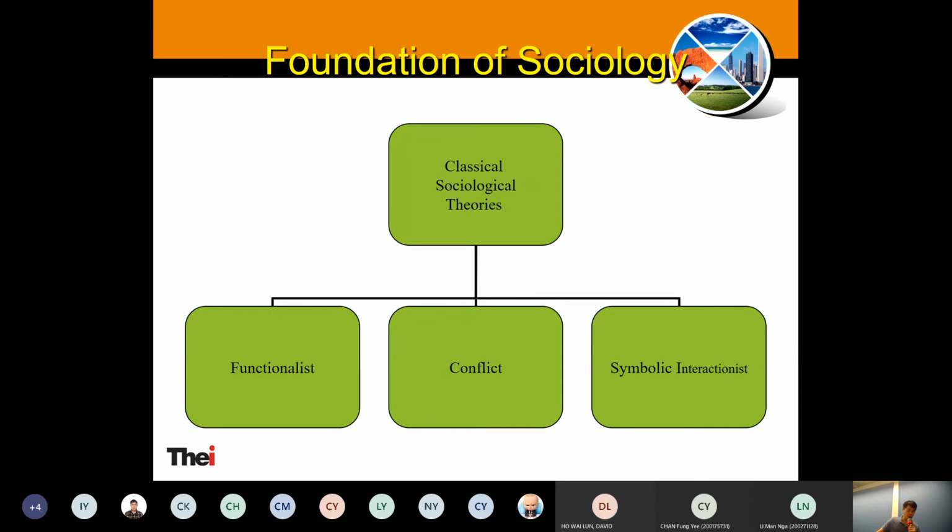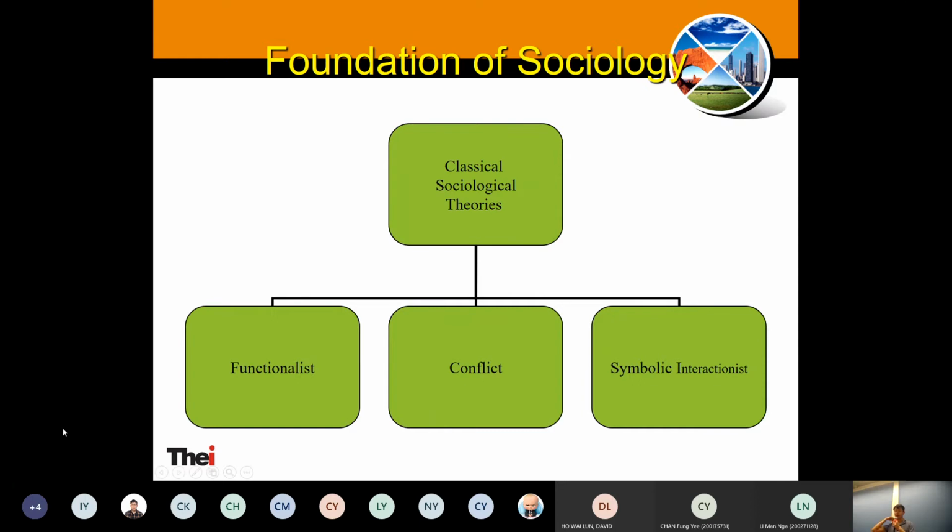Okay, when we talk about the core ideas of the functional approach, actually we may have to talk about the connections, the relations among different social agents.